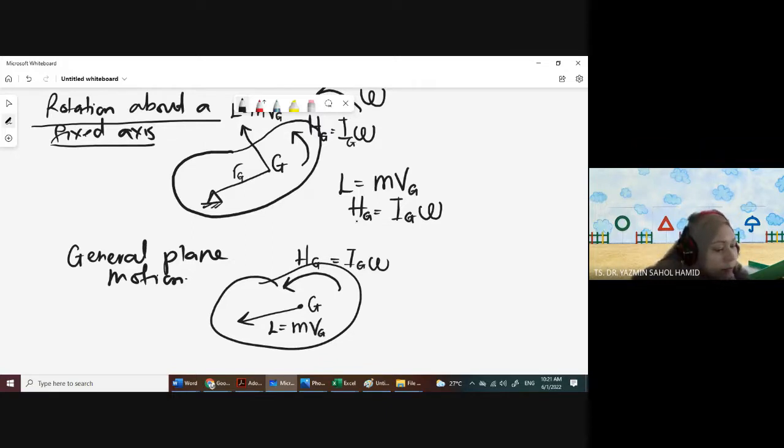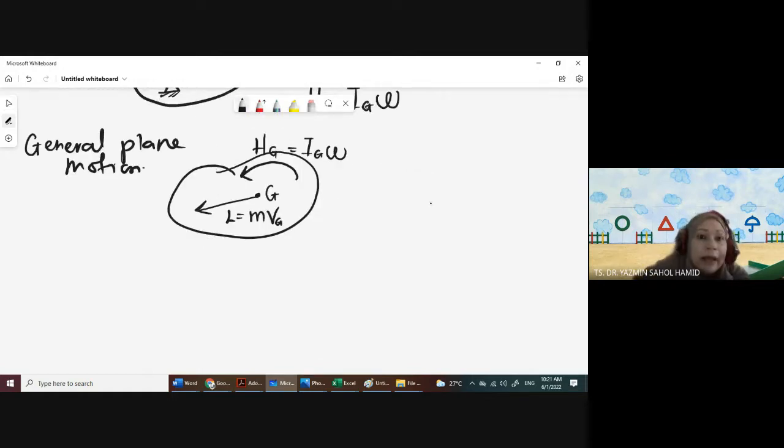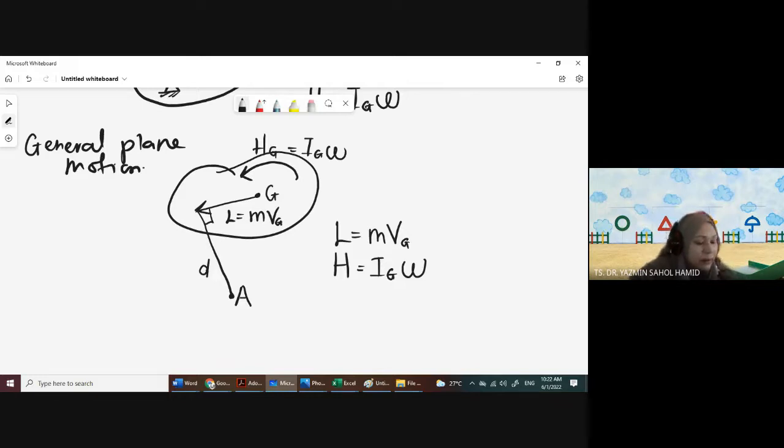So for general plane motion, sometimes they can ask you to take it not rotating about a fixed axis. It can rotate at a different point. Let's say this is D and this is 90 degrees. D is the length. This is point A. For this one, the linear momentum is the same, mvG, and the angular momentum H is also IG omega. It's the same thing.